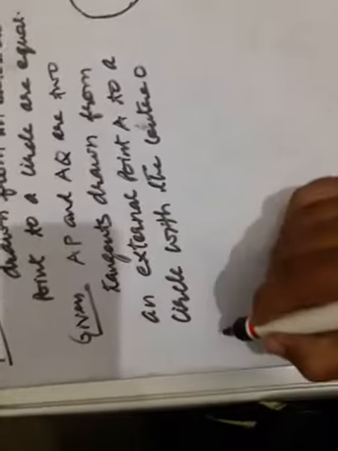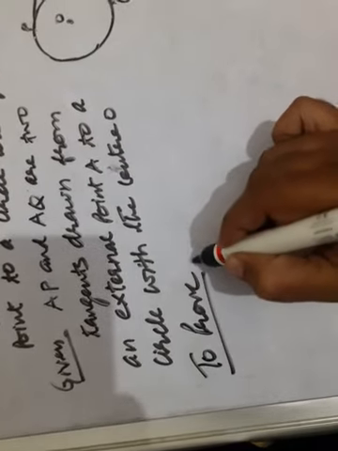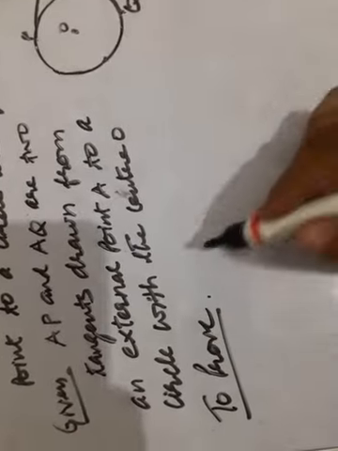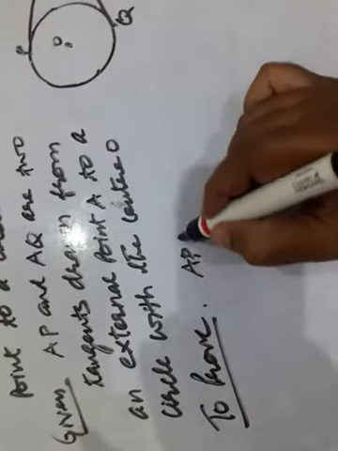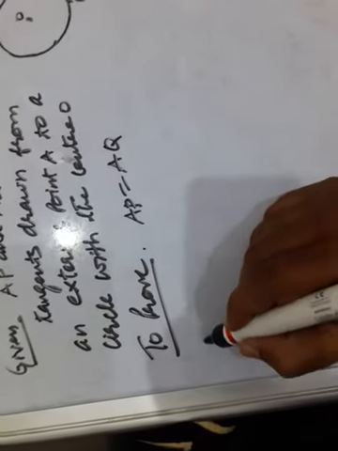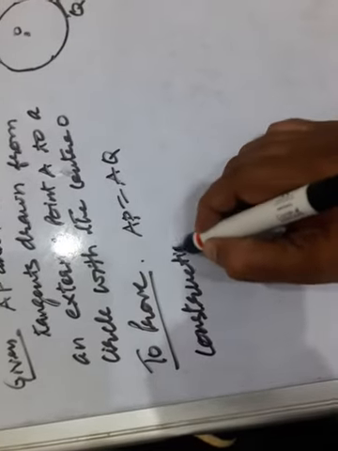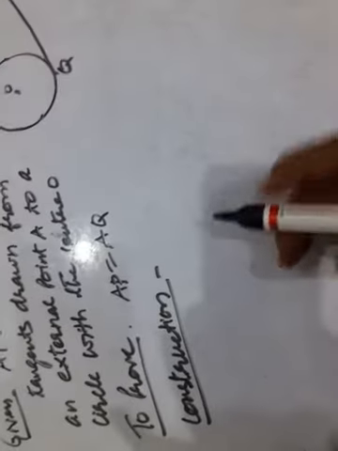Okay, children, now we have to prove. What we have to prove? We have to prove that this length of tangent is equal to this length of tangent, that is AP equal to AQ. For proving this, we have to construct something extra, that is construction. What construction is required, children?